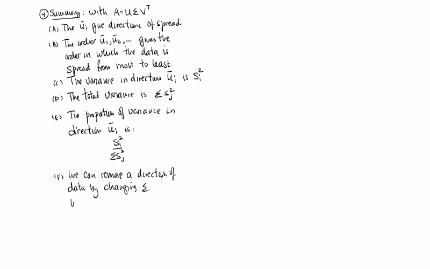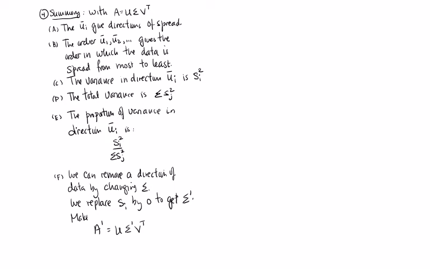We pick the direction we want to eliminate, we replace the s sub i by 0 to get, we'll call it sigma prime, and then we construct, is maybe a better word, U sigma prime V transpose. That'll simplify the data.